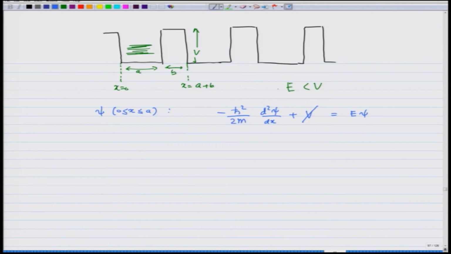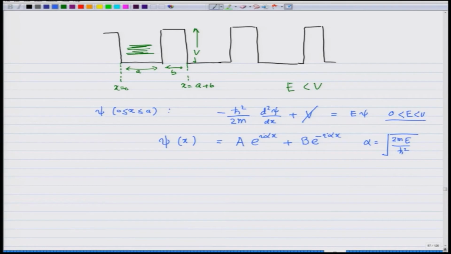So, E is less than V, but it is also greater than 0. So, I get psi for x between 0 and a equal to e raised to i alpha x times the coefficient A plus another coefficient B e raised to minus i alpha x, where alpha is square root of 2mE over h cross square. E is greater than 0, so there is no problem.